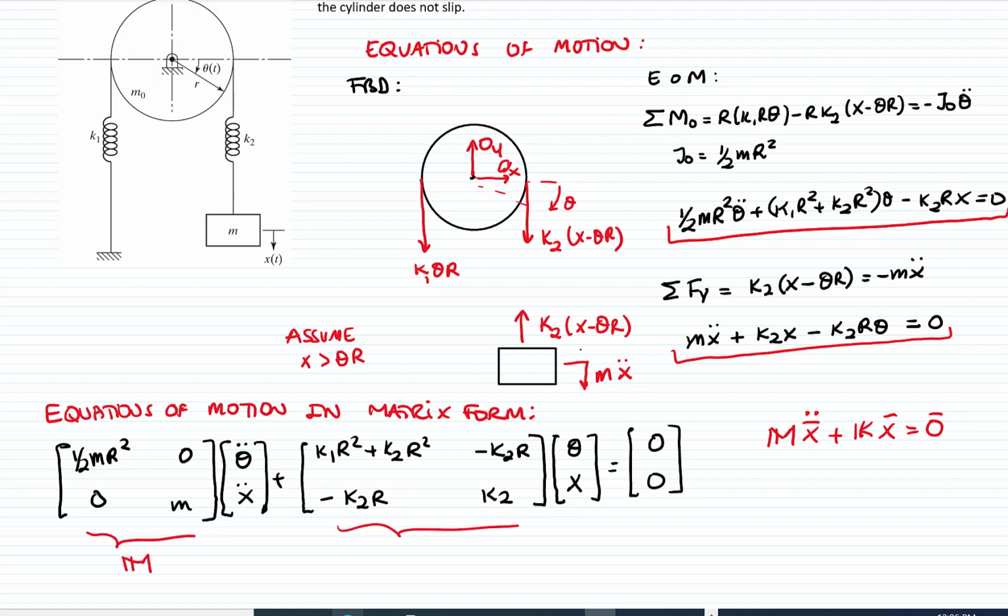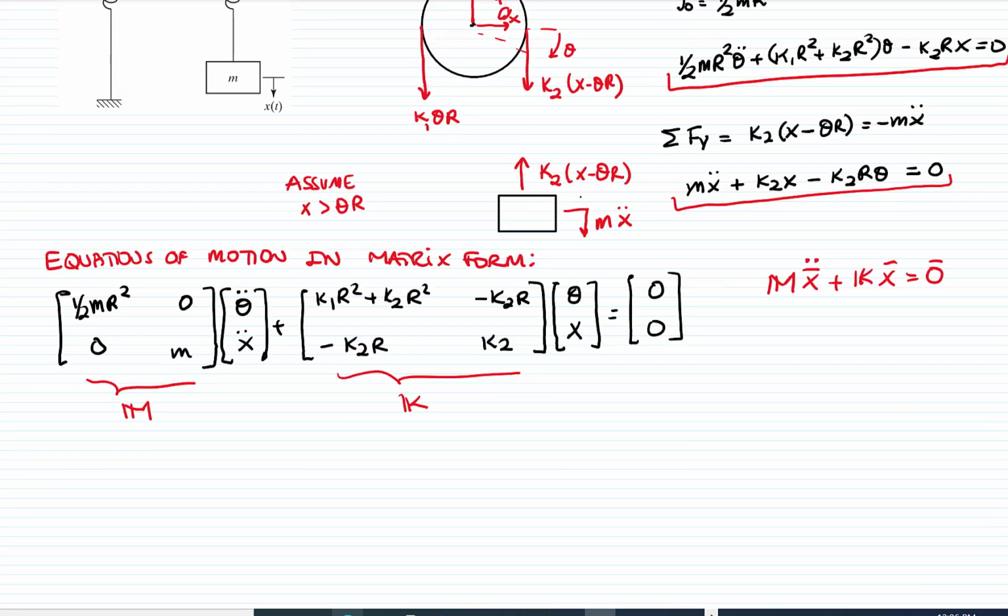Now, the solution of this type of system is a harmonic function, which can be written as an amplitude times e to the i omega t. And if we derive twice this expression, we get x double dot, which is the same amplitude, and since I derive it twice, i squared is negative, and it becomes negative omega squared e to the i omega t.